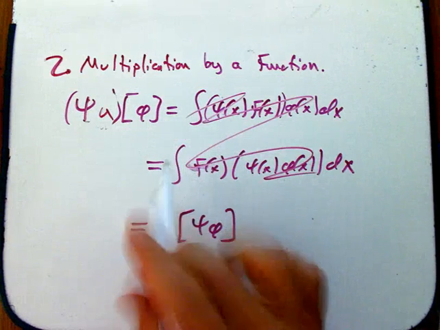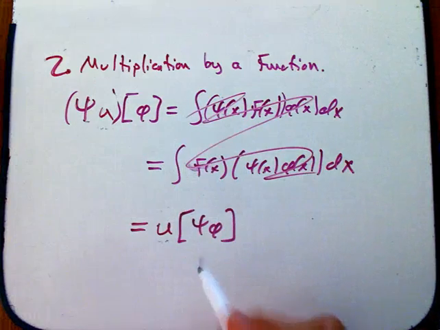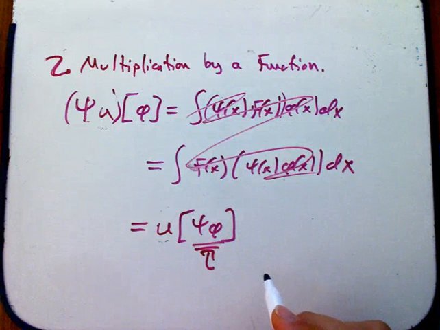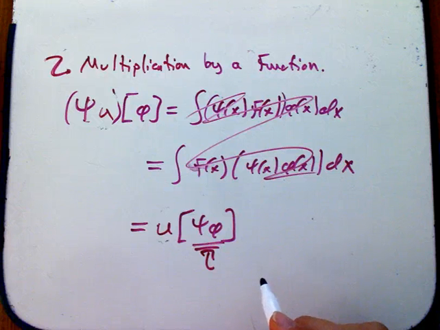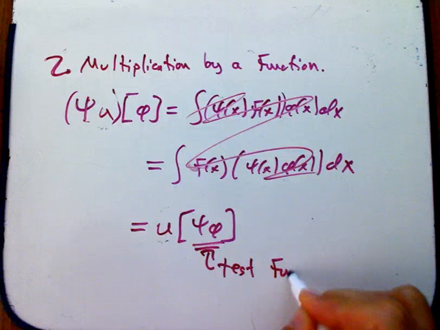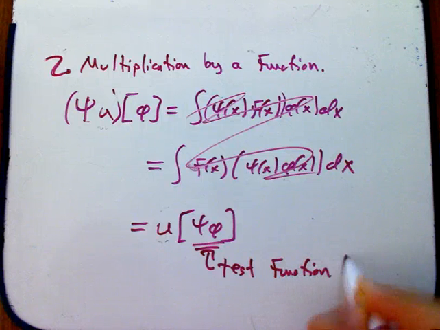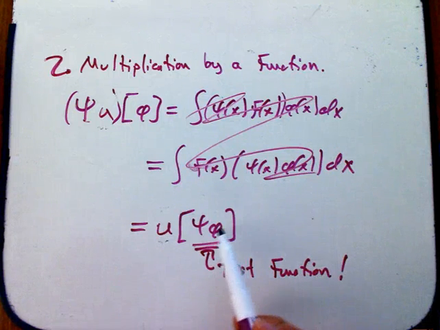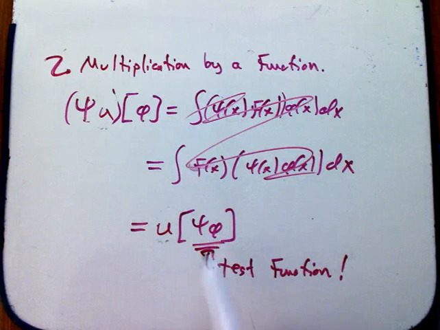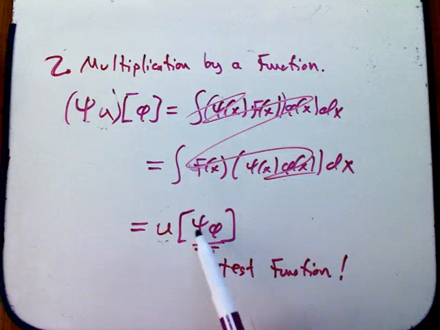But the tricky thing here, and now we're already almost on to part B, is that this better be a test function. Because we know that at the very least the phis should be continuous, we want something where we don't mess that up by multiplying by psi.